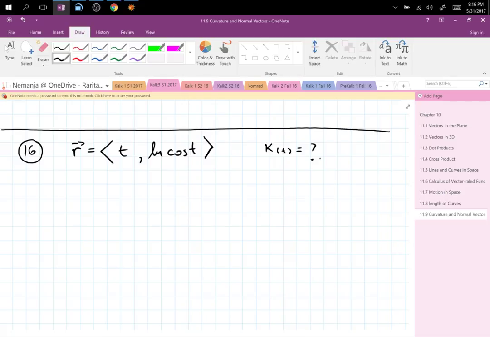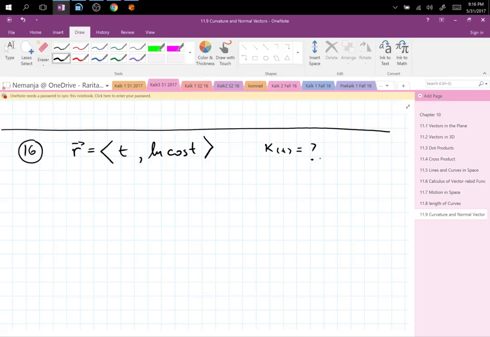The derivative of t is 1, so you have to multiply by that too. The magnitude is the square root of 1 plus 2 squared. Yes, tangent.